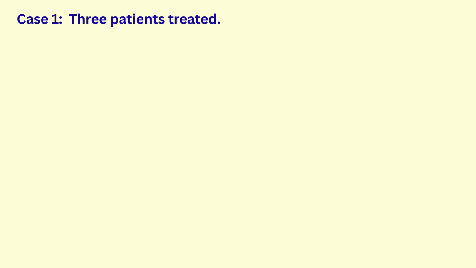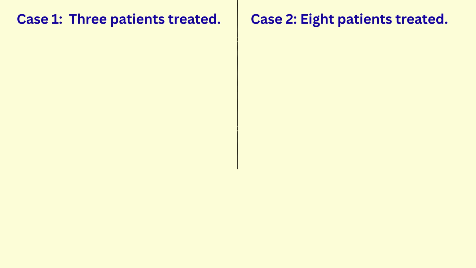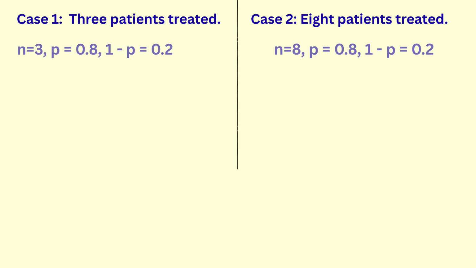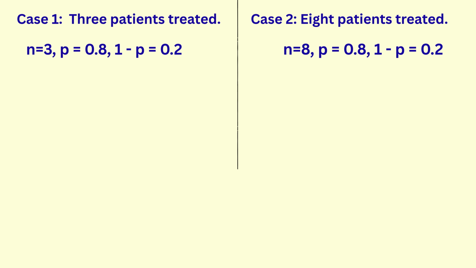Now let's back up a little bit and take a closer look at the solutions for both problems. In the first question, 3 patients took the treatment, while in the second question, 8 took the treatment. In both cases, the probability of success, p, is 0.8, while the probability of failure is 1 minus p equals 0.2.